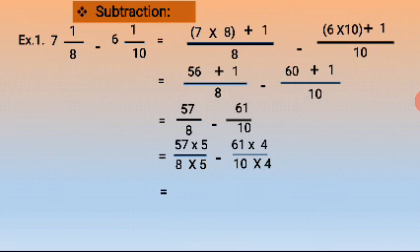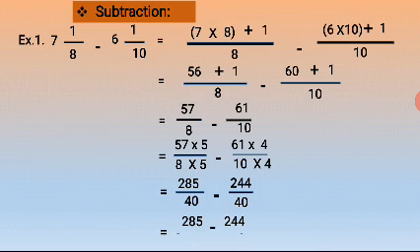Next step, 57 into 5, 285 upon 40, minus 61 into 4, that is 244 upon 40. Here the denominators of those fractions remain the same value, so we take the subtraction of numerators: 285 minus 244 upon 40.